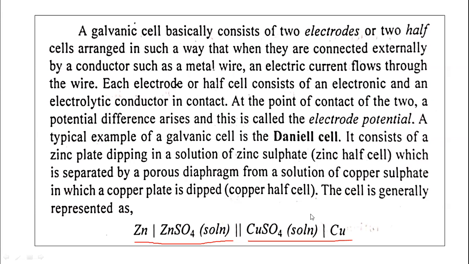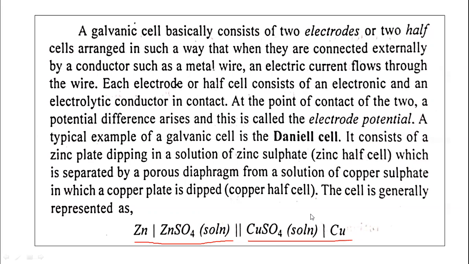So in this lecture, we discuss how to construct a galvanic cell or an electrochemical cell. The electrochemical cell is the combination of two electrodes or two half cells, and those electrodes are connected externally by a conductor such as a metal wire.